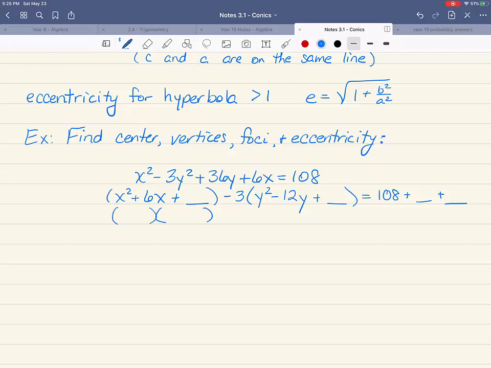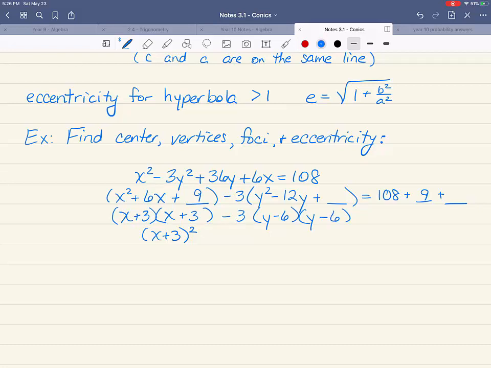Now we're ready to factor. This has to be the same parentheses that they have to add up to be 6, so these are 3 and 3. So this will be x plus 3, the quantity squared. The number that goes in the blank is 9. The number that goes on the other side is also 9. Now for the next pair of brackets, y and y, I have -12 in the bracket, so this needs to be -6 and -6.